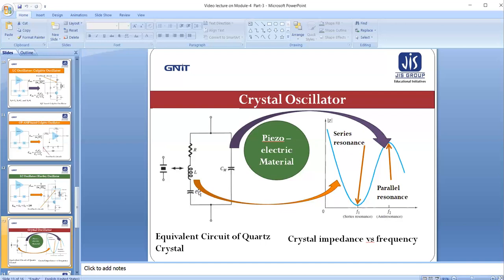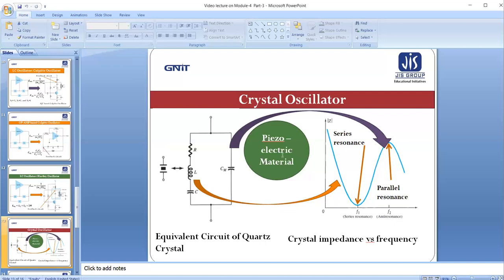this piezoelectric behavior. Now, as RLC is in series but CM is in parallel, the quartz crystal has two types of resonance mode. One is series resonance, another is parallel resonance, also called anti-resonance.